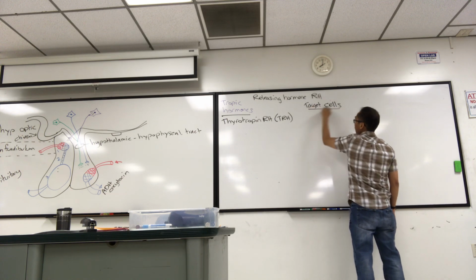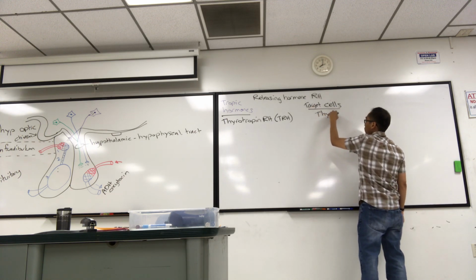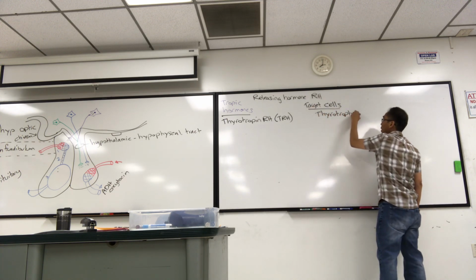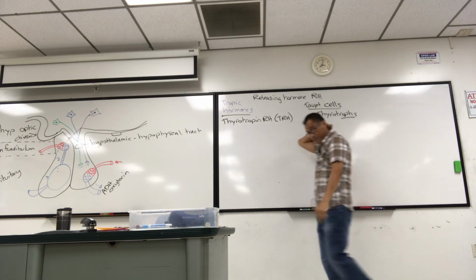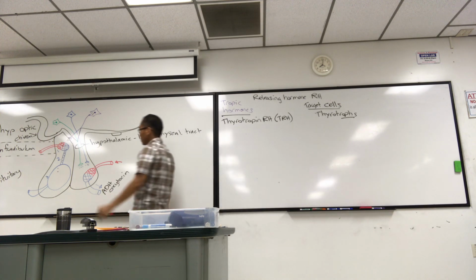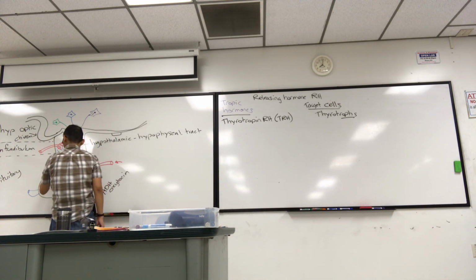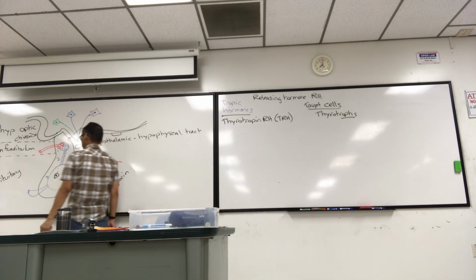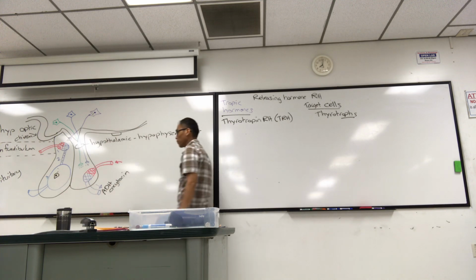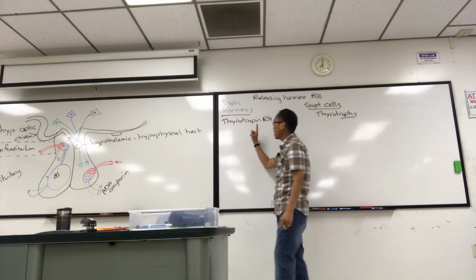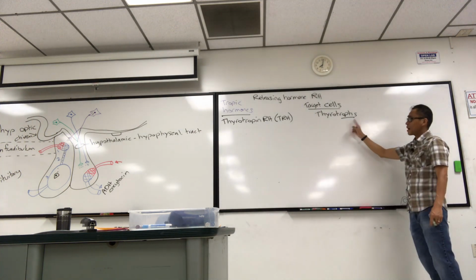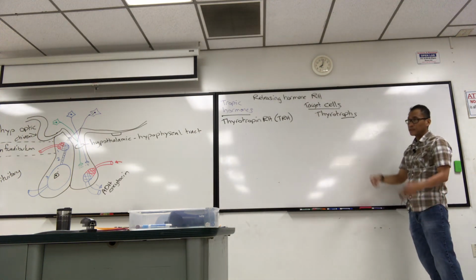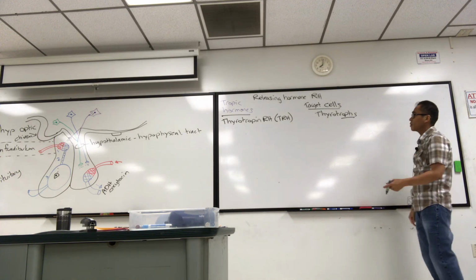And they're called thyrotropes. Trope means cell. Let me just draw a cell here. There's a cell. It's a thyrotrope. It's stimulated by this releasing hormone. So in response to that, these thyrotropes will release thyroid-stimulating hormone.